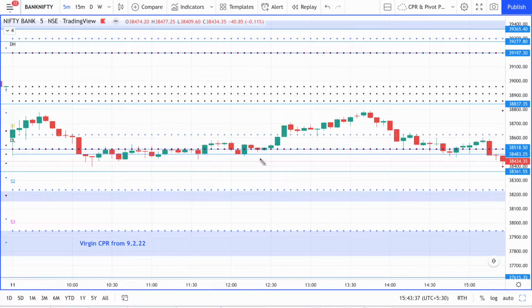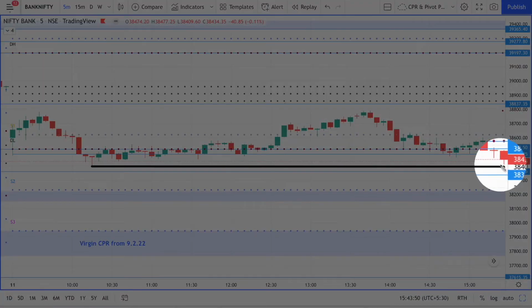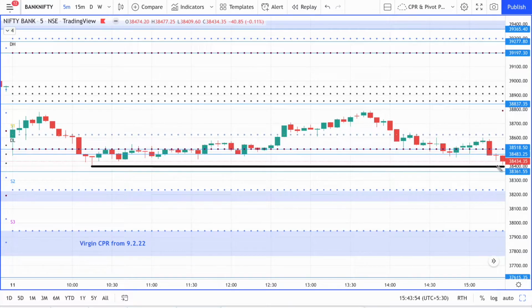And this is exactly what happened. In fact, if you draw a line from this to the end of the day, you can see that right up to here, even the last candle of the day could not close below the day low support, that is today's support, the 11th of February support.